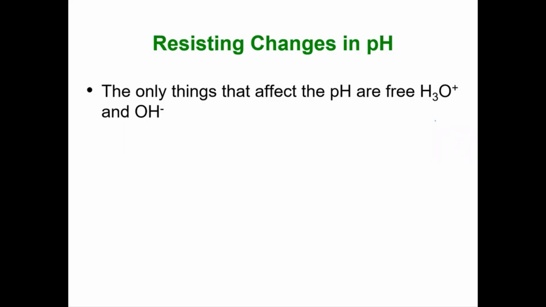In the body, we want to make sure that we maintain pH. So we have to be able to resist any changes in pH, right? And for the most part, what affects the pH are your hydronium concentrations and your hydroxide concentrations. So what are things that can affect the pH?